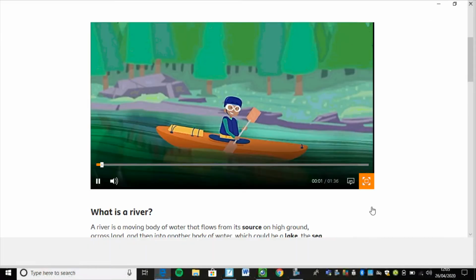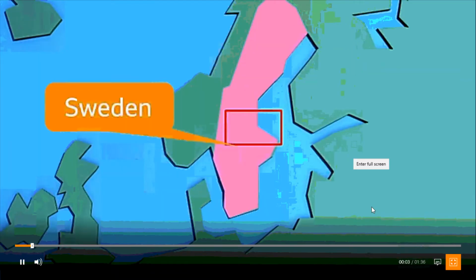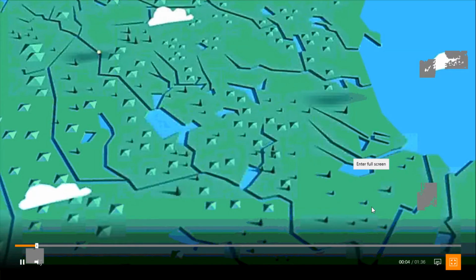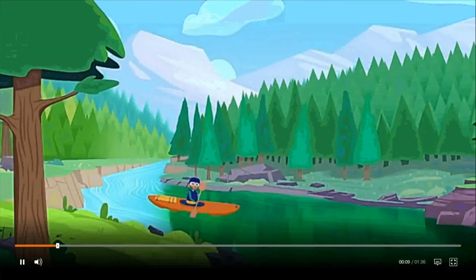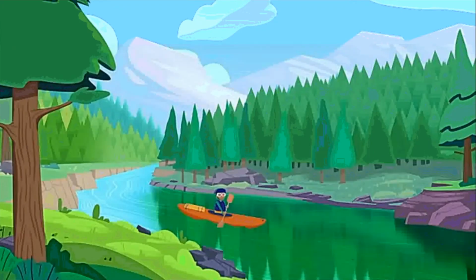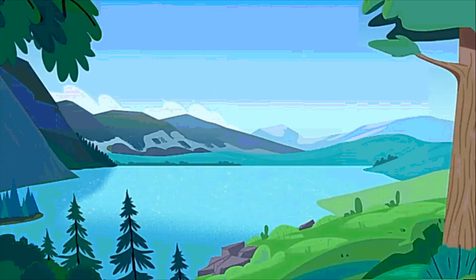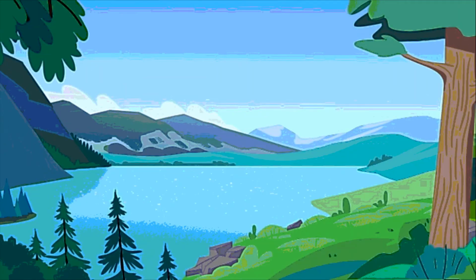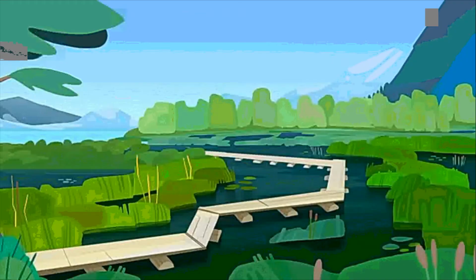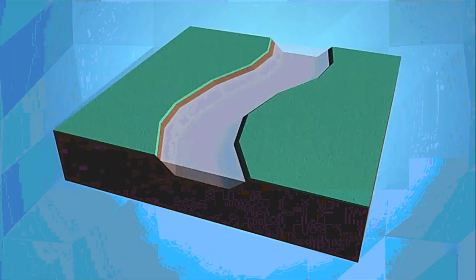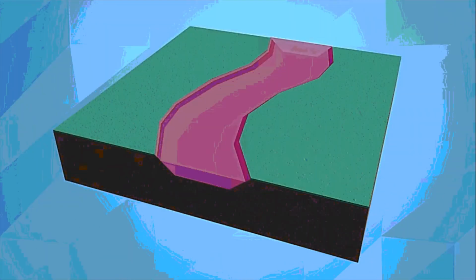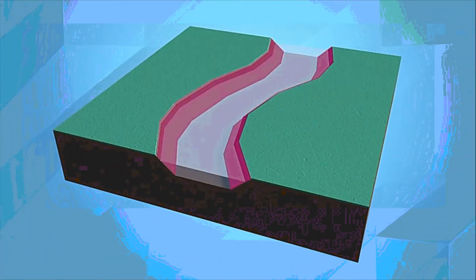Following the route of a river that flows across the country and out to the sea, I'm starting from the beginning of the river, which we call the source, here in the mountains. Rivers often start in upland areas like this, from lakes, marshes and glaciers, or even springs that bubble out of the ground. A river has a channel with banks on both sides and a bed.